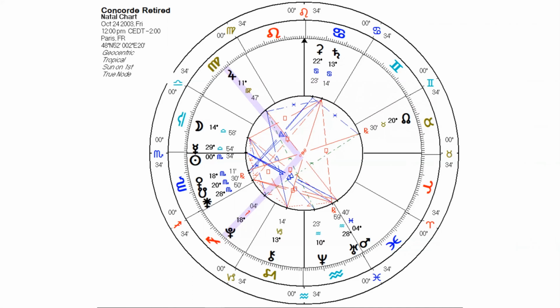So, if the first test flight in '69 was during the conjunction, the first commercial flight, the opposition, the crash, the opposition, the retirement, the last square, I may want to look at what happened to the Concorde in 1981 when Pluto and Jupiter were conjunct.